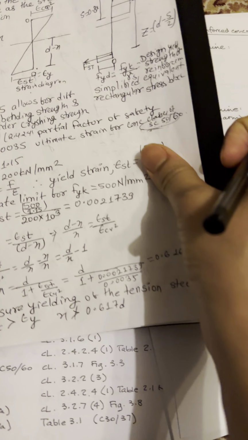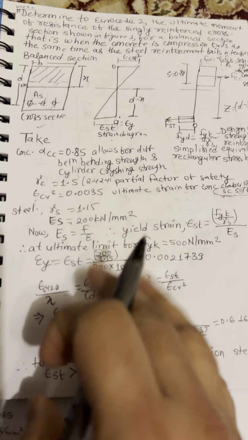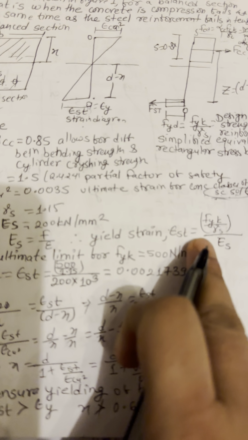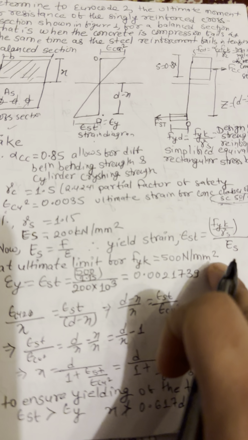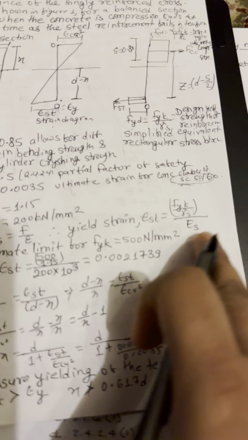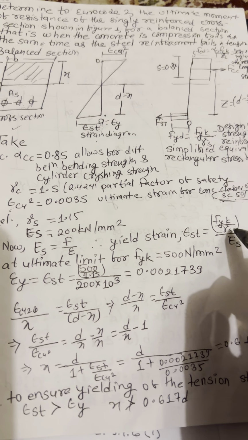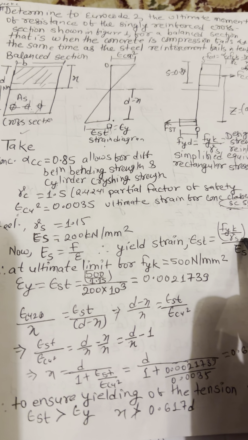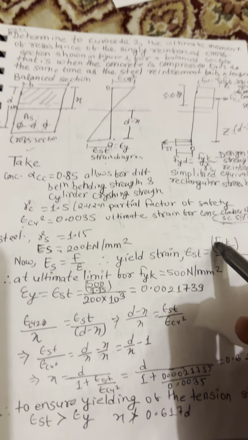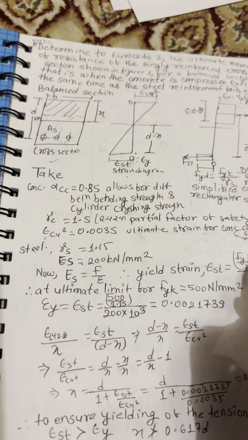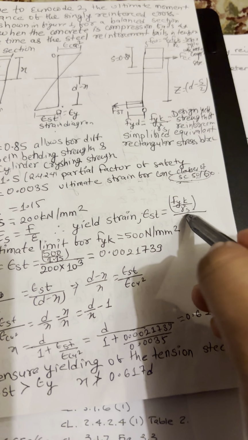And now let's go to the calculation. Yield strain is stress upon Young modulus of steel, and for steel, stress is equal to fyk upon gamma s.